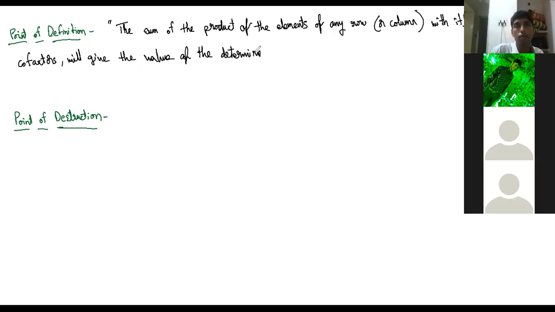Okay. And kindly underline the word any. And by any we mean any row or any column. You can go about any row or any column. You'll get the determinant. Okay.